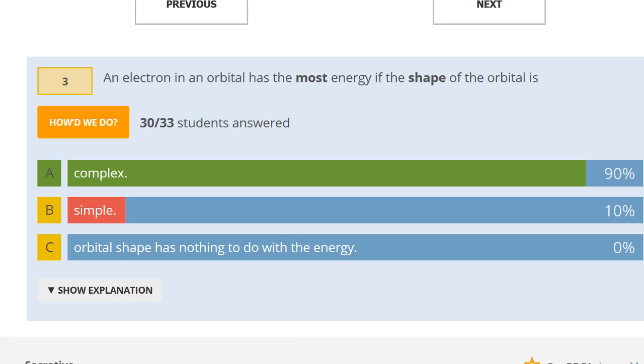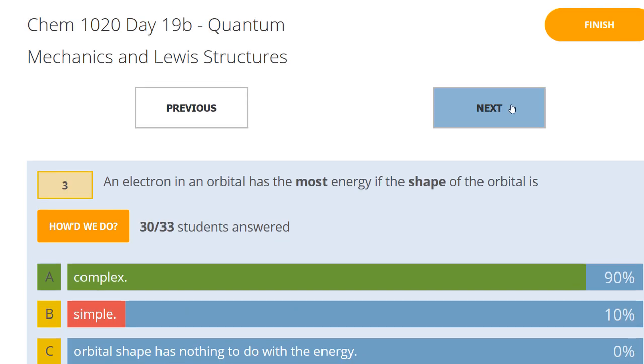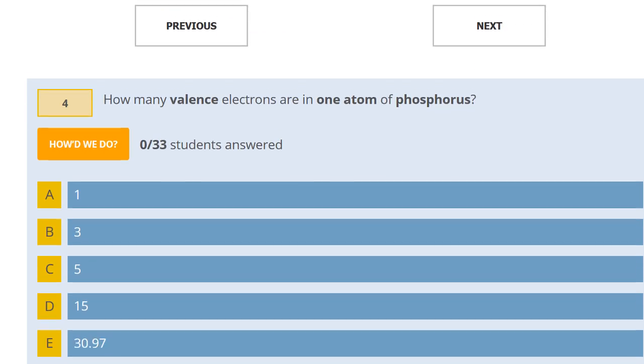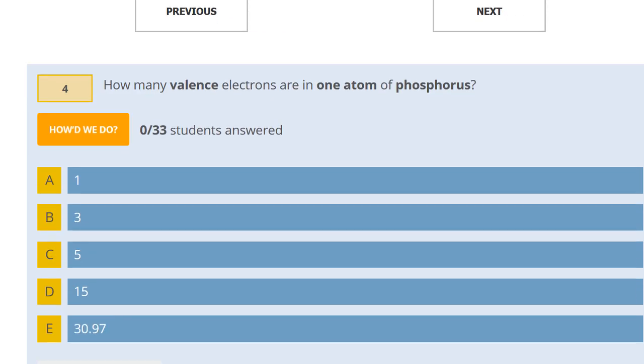So let's go ahead and see our last couple questions on the Socrative app. How many valence electrons would we find in one atom of phosphorus?